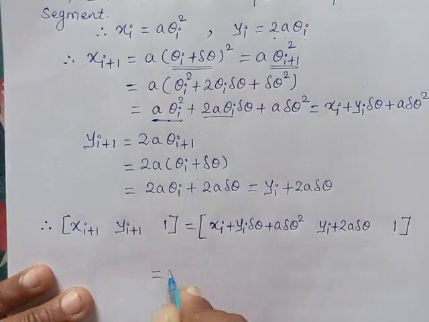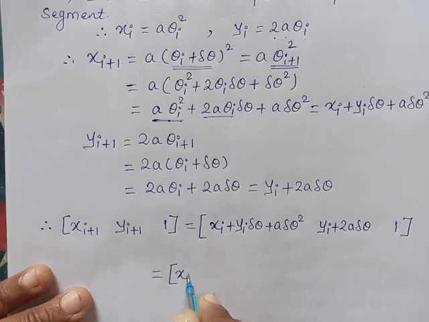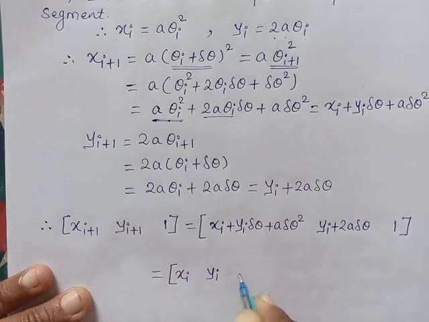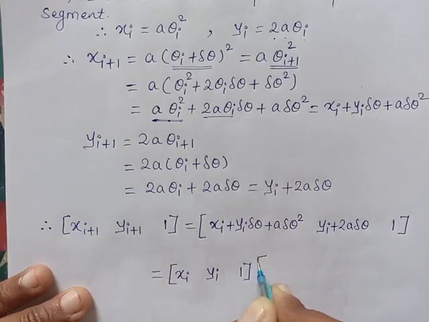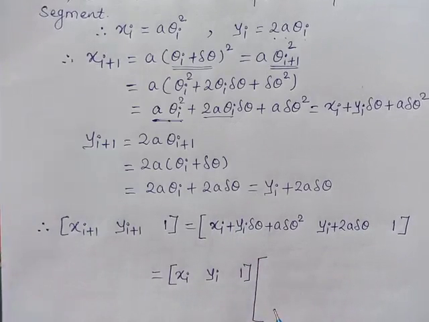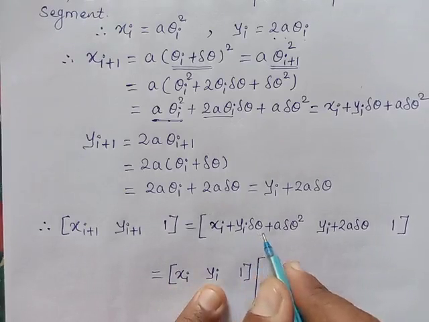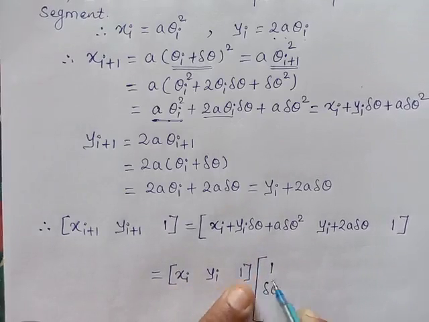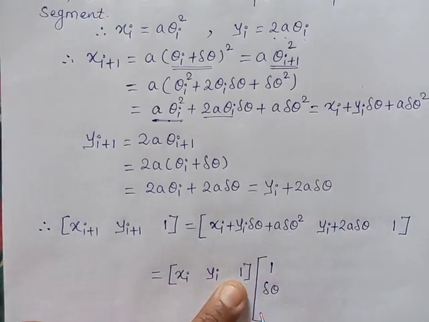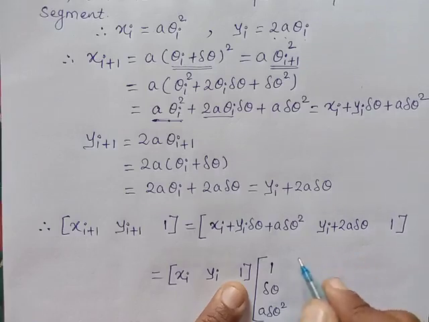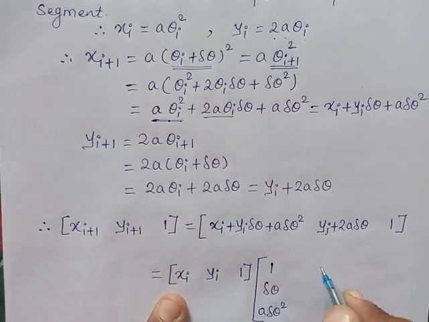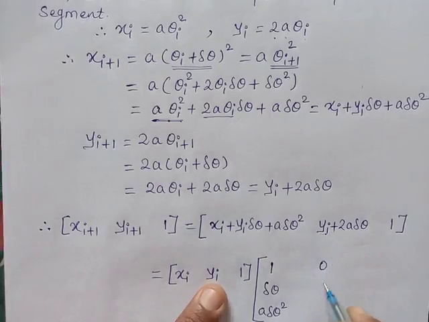So this will become xi, yi and 1, and another matrix. Here, coefficient of xi is 1, coefficient of yi is delta theta, and the constant term is a delta theta square. Again here xi is absent, so 0; yi having a coefficient 1 and constant term 2a delta theta.